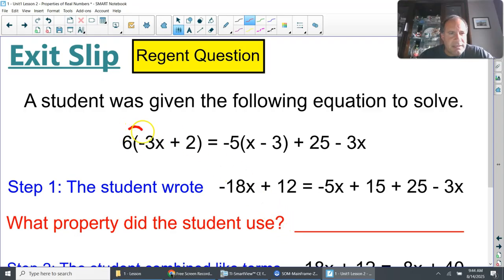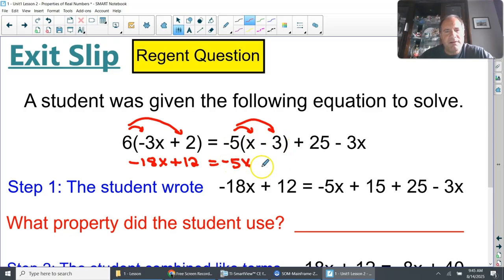All right, so let's see. If we have parentheses, I'm going to do that distributive property. So in my head, I'm going to just go, okay, this is negative 18x. This is 12. Negative 5 times x is negative 5x. And negative 5 times negative 3 is positive 15 plus 25 minus 3x.